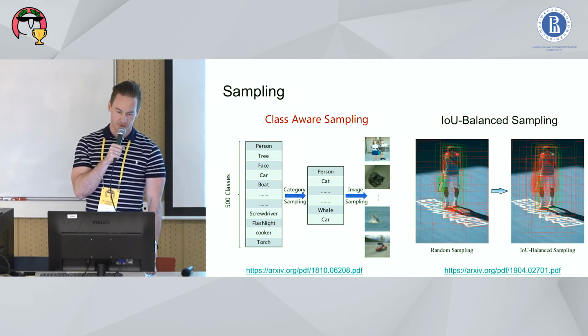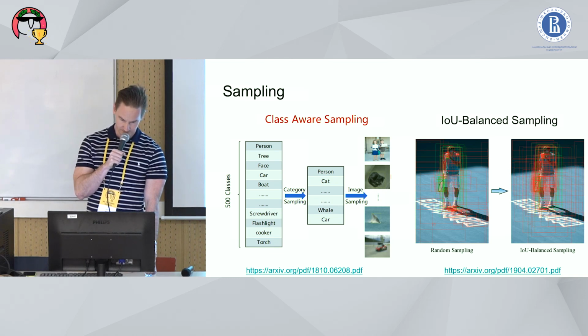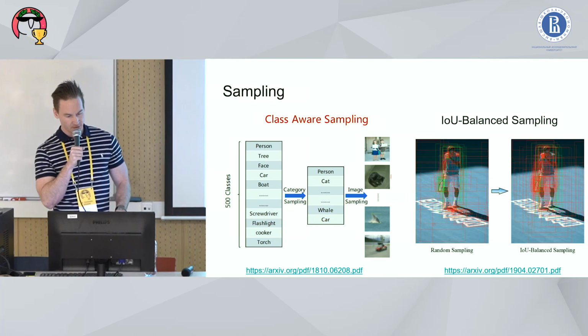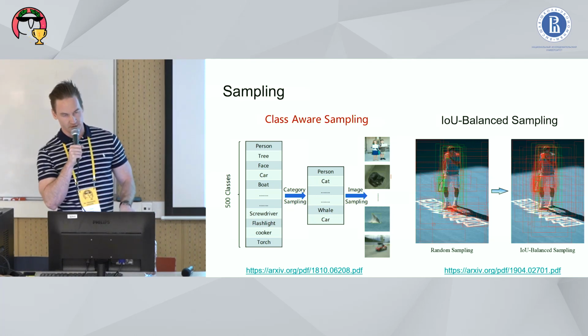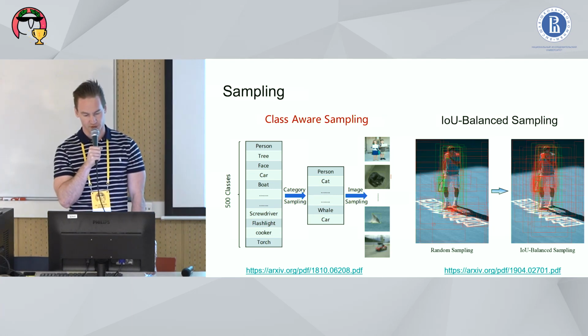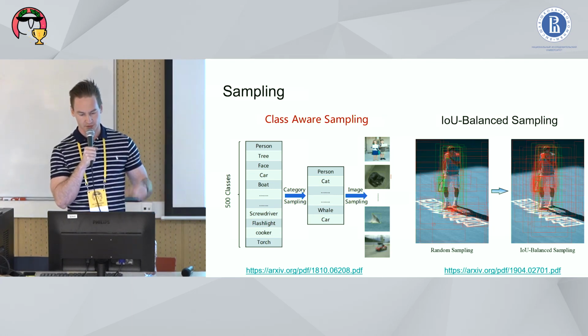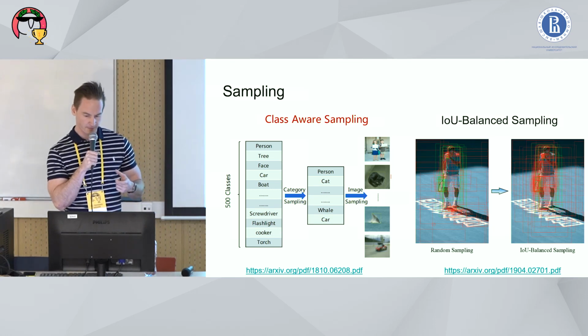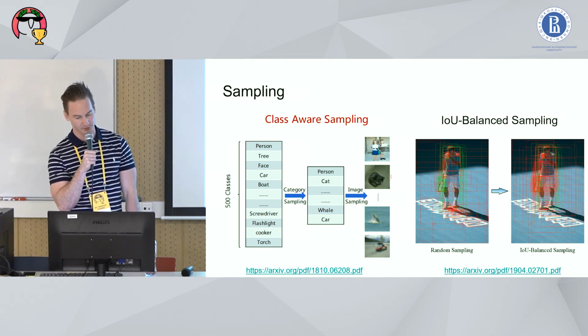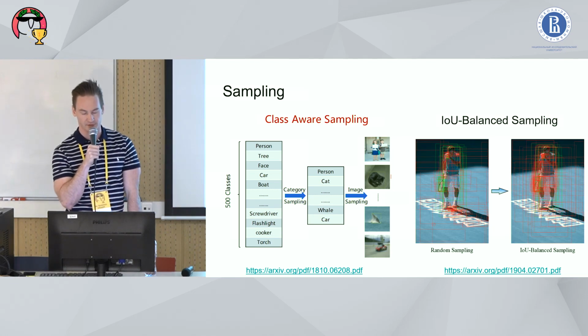In this approach, on the first step, you sample your first batch of samples in such a way that you have the full set of the classes, and then from this subset you sample your batch in the normal way. So this allows you to feed your model with rare classes more frequently than the other classes.